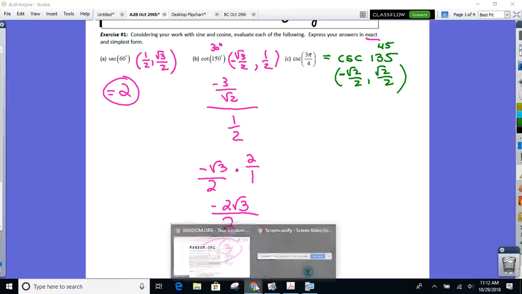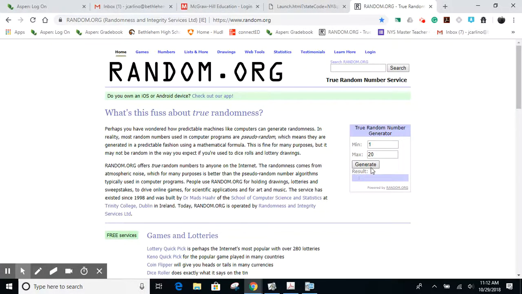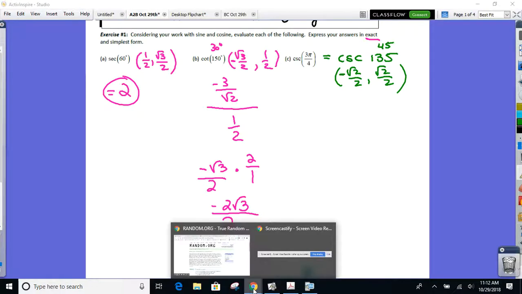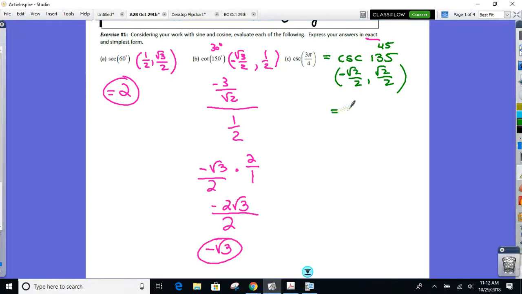Cosecant, which one are you flipping for cosecant? You can answer that, here or not here on Friday. Cosecant, which one do I flip? Sine. What coordinate is sine here? Y coordinate, so flip it. 2 over radical 2, right?